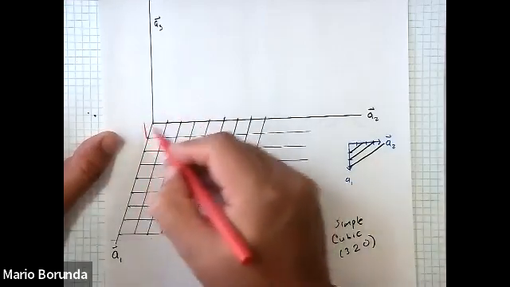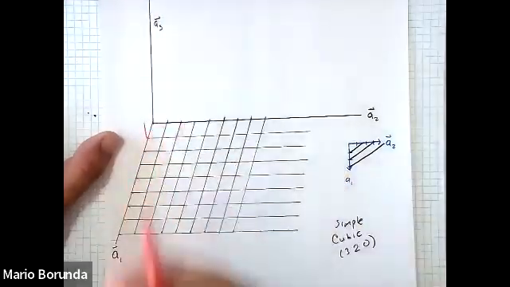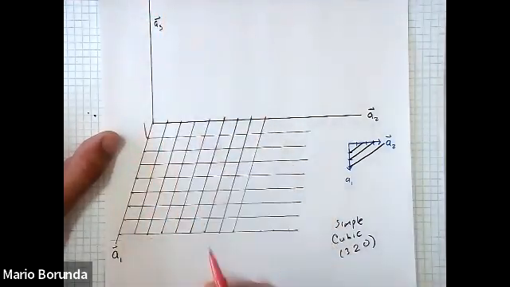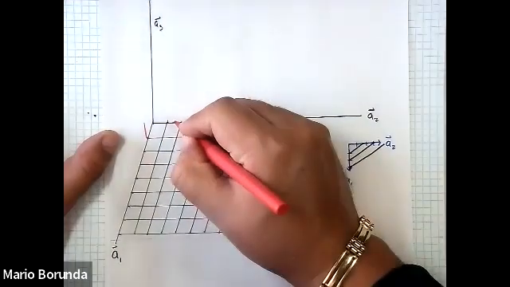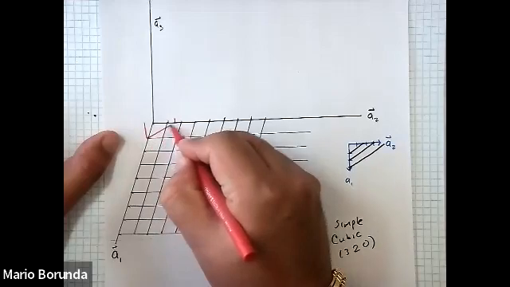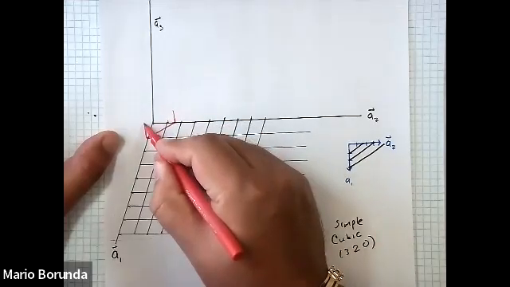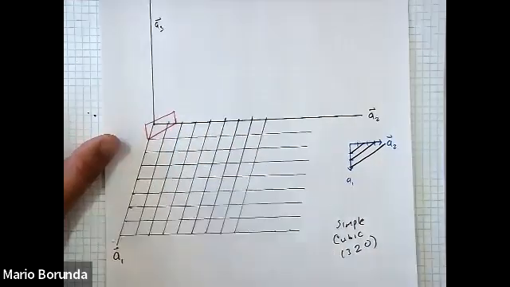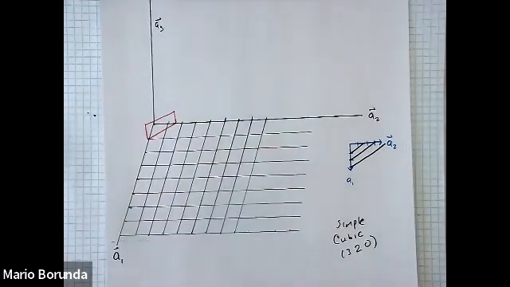And remember, it's a straight plane, intersecting with A1, it doesn't intersect with A3. This one's easy. And then it's going to intersect over here. So the one that goes with the one intersects this one right here. And this is one of those planes. And then we can draw the other one.